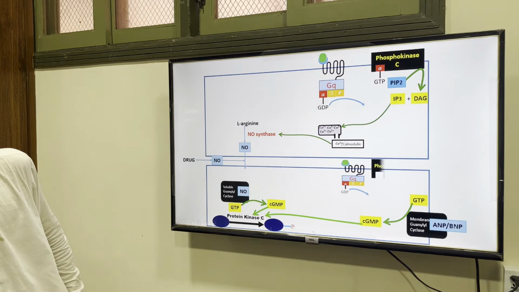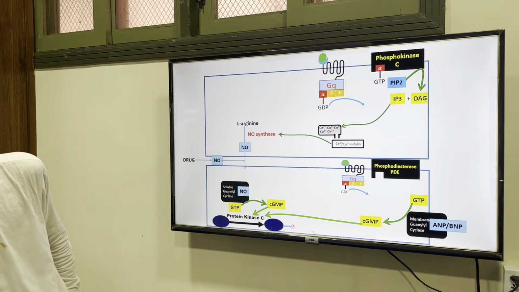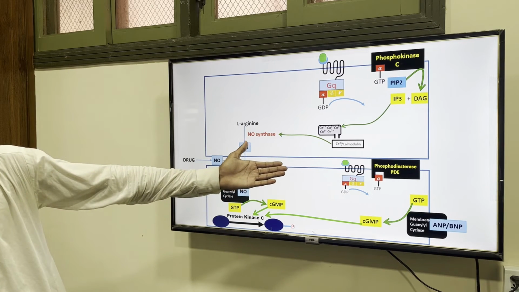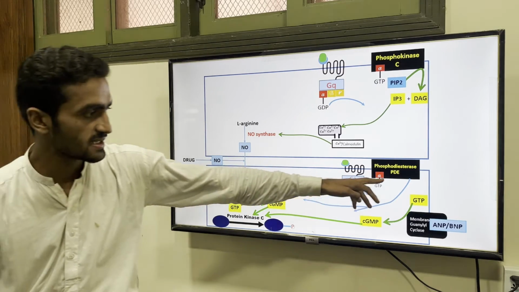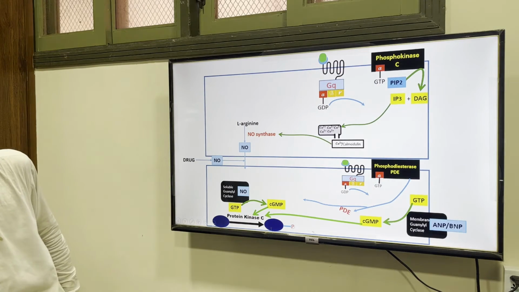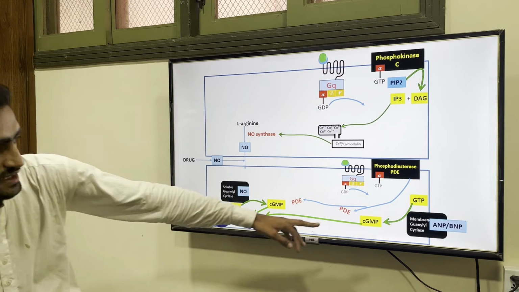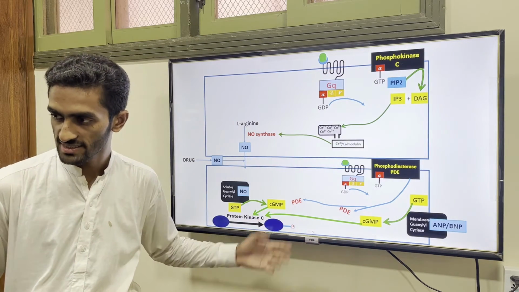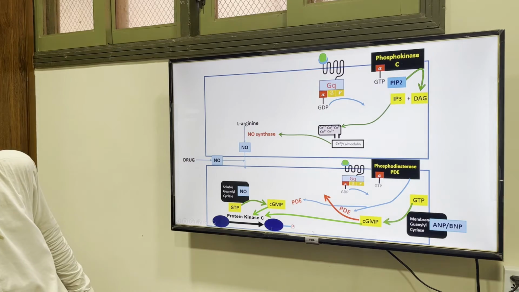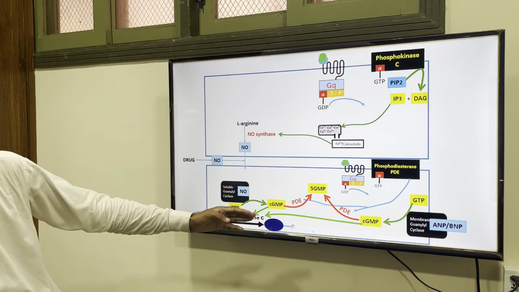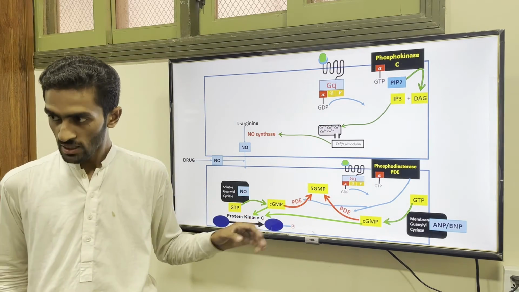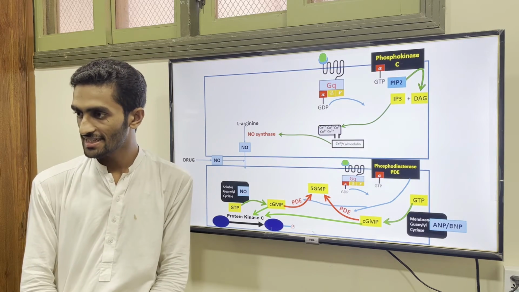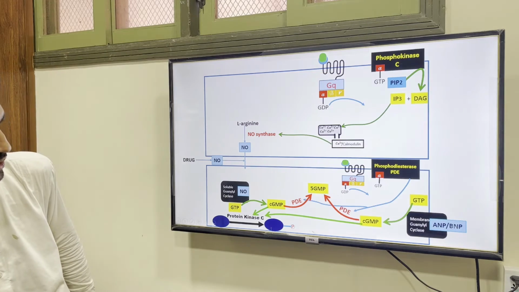When the light comes, phosphodiesterase is activated, so this causes the release of PDE. What does PDE do? It destroys the cyclic GMP present inside the cell. It converts cyclic GMP into 5'-GMP. In this way, they destroy the function of cyclic GMP.